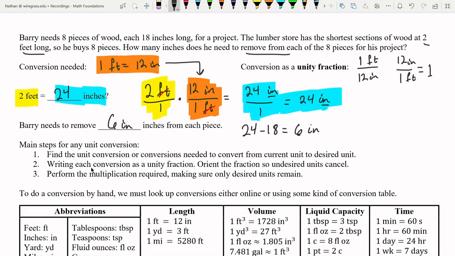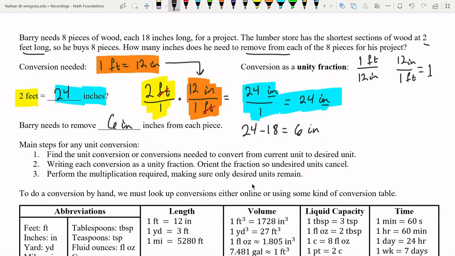That's the process. We're going to find the unit conversion or conversions necessary to convert the unit that we have to the desired one. We're going to write each conversion as a unity fraction, and orient it so that the undesired units cancel. One on top, one on bottom will cancel them. And then perform multiplication and simplify, making sure the desired units remain.